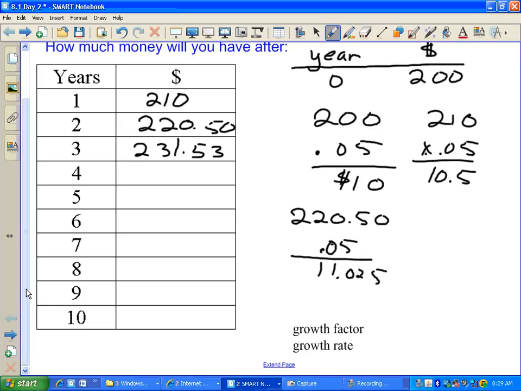For example, the growth factor for this is 1.05. The growth rate for this is 5%. At the end of this, we'll talk about what those definitions are, but I want you to think of those 2 words and how they might be different.